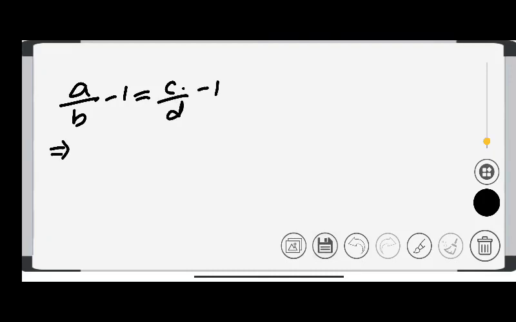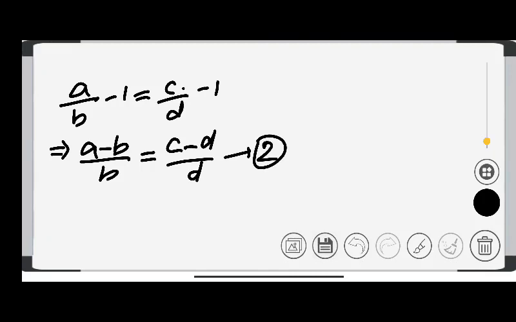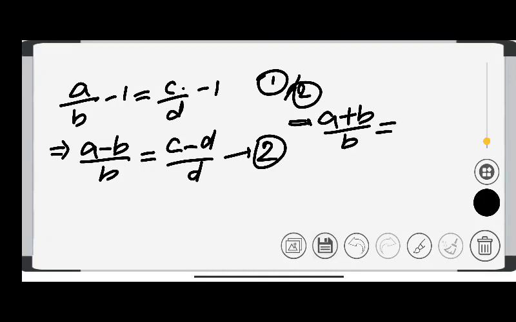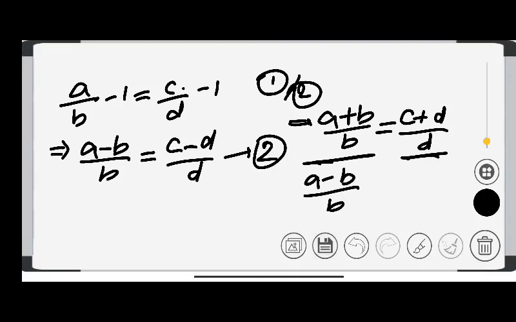So I found a minus b upon b is equal to c minus d upon d. So this one is 2. Dividing the first equation by the second equation, a plus b upon b and c plus d upon d, divided by a minus b by b and c minus d by d.